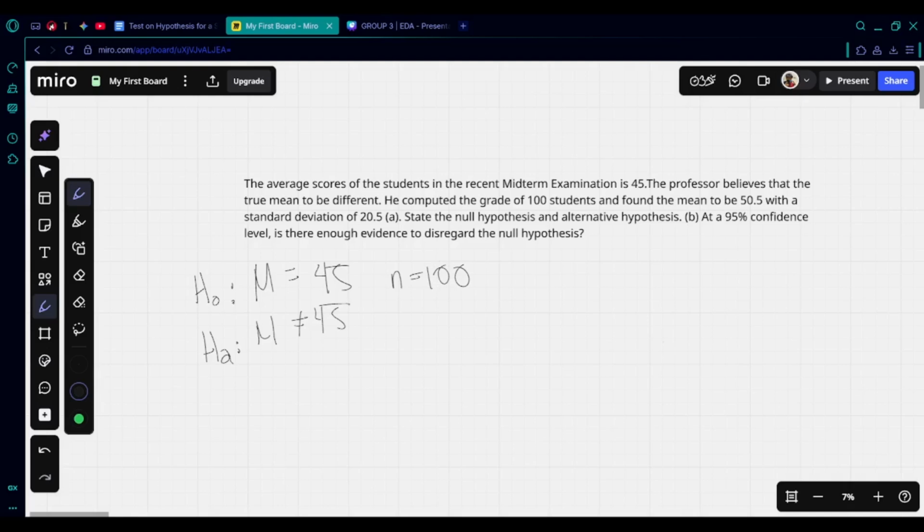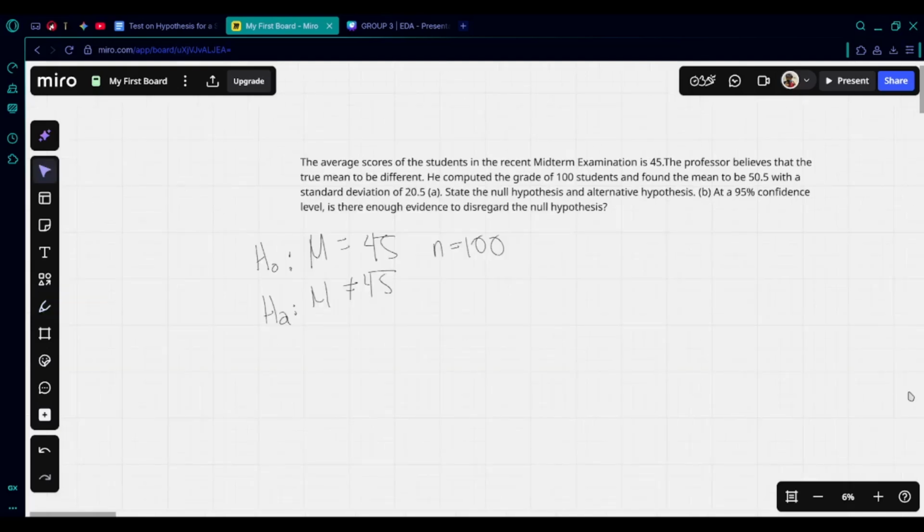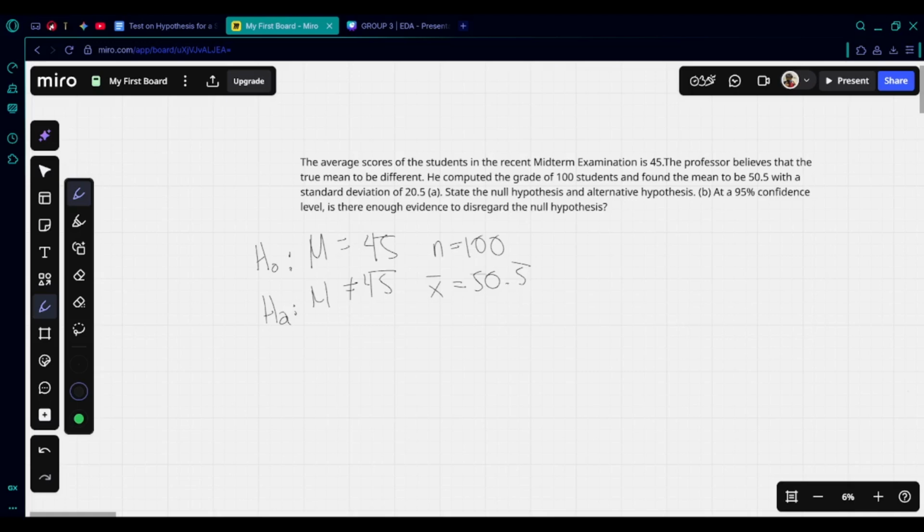So in short, our x bar is 50.5, with a standard deviation of 20.5. First, we state the null hypothesis and alternative hypothesis. So we now have our null and alternative hypothesis, which is our letter A.